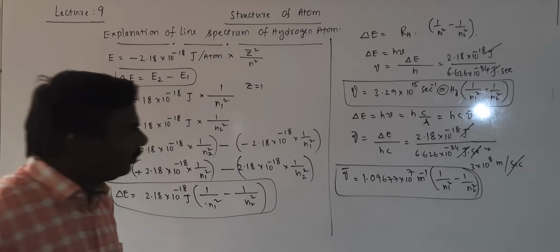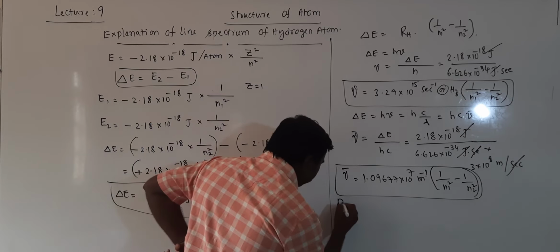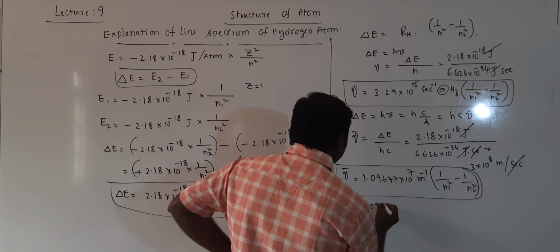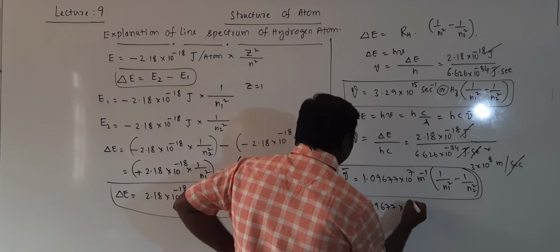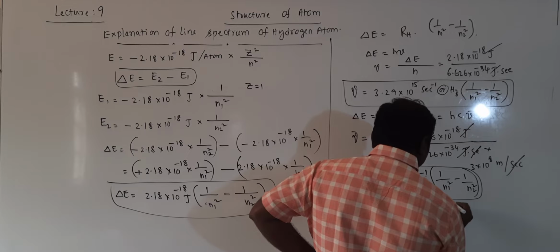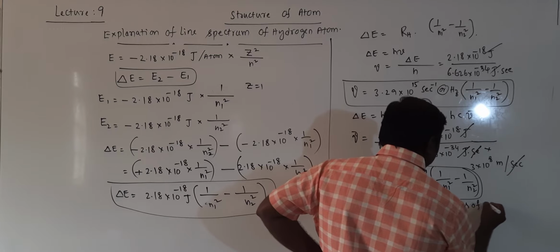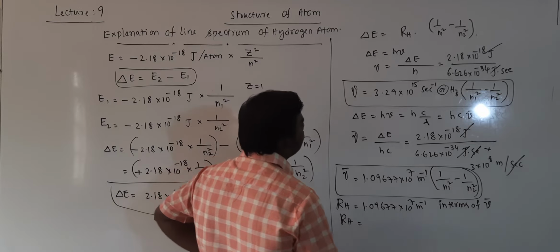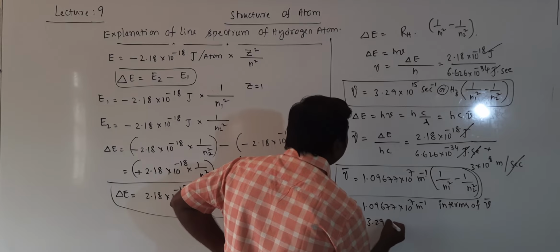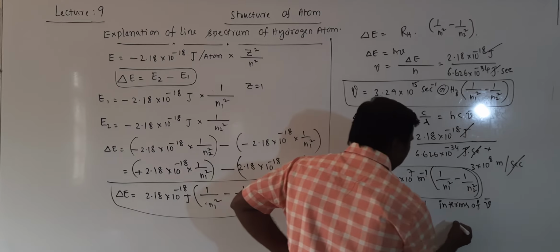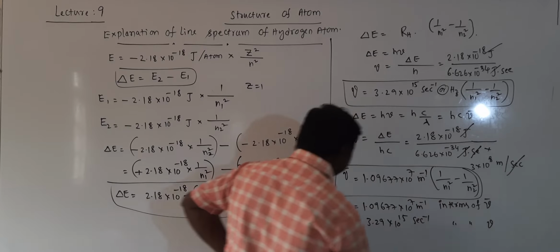Now, the RH value is equal to 1.09677 into 10 to the power of 7 meter inverse in terms of wave number. The RH value is equal to 3.29 into 10 to the power of 15 second inverse in terms of frequency.